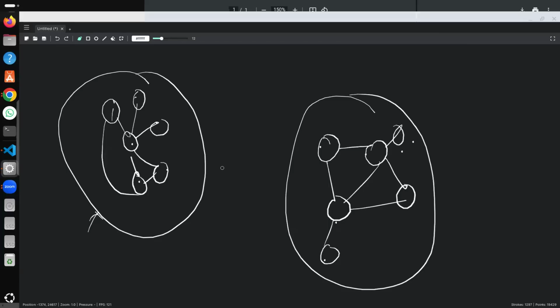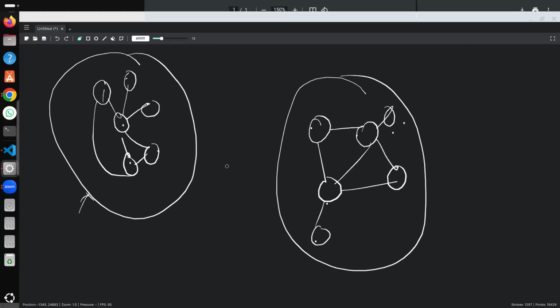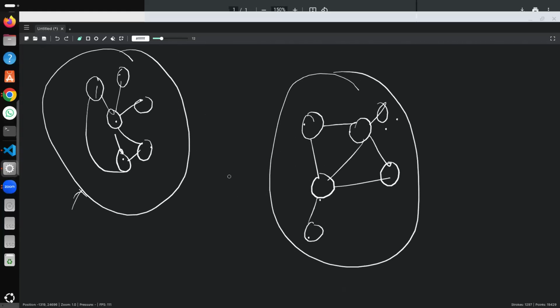Basically, our aim is to make both the coins reach the same vertex, and that will also have a common edge. Basically, all the common edges in these two graphs. Let's say this is one, this is two, and this is one, this is two.